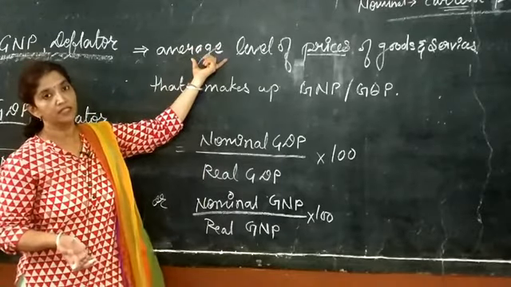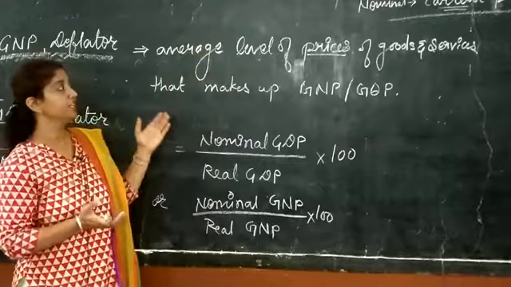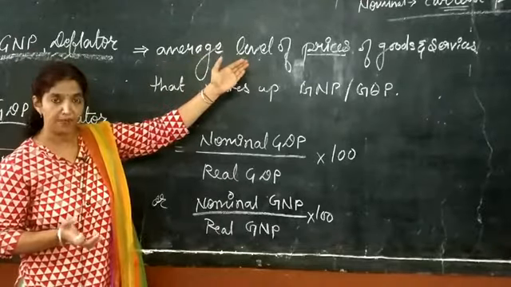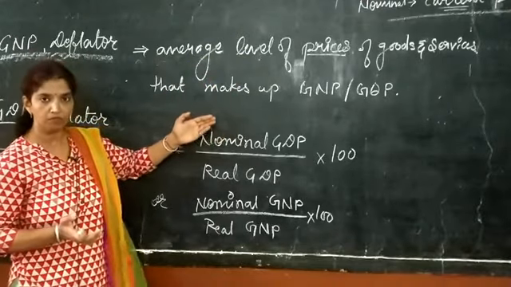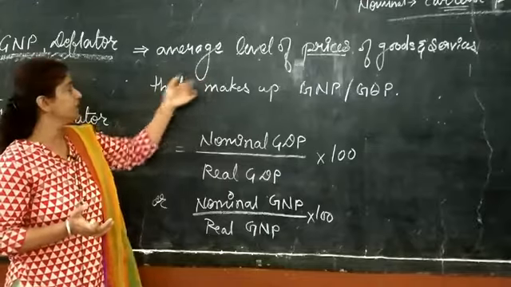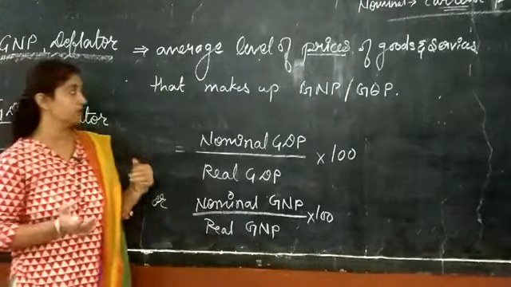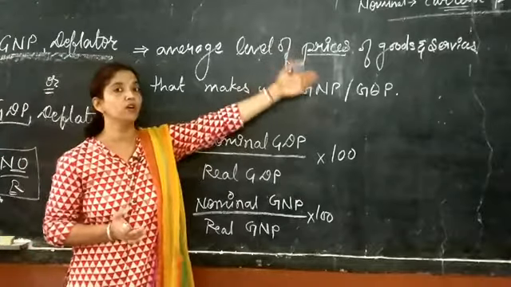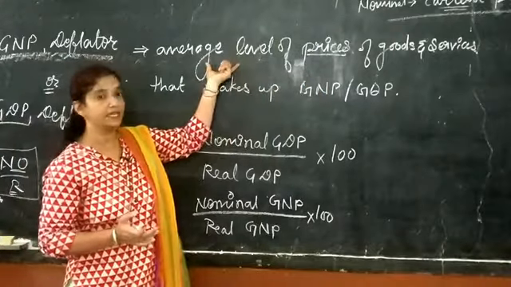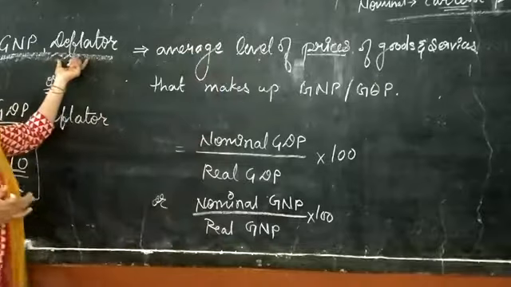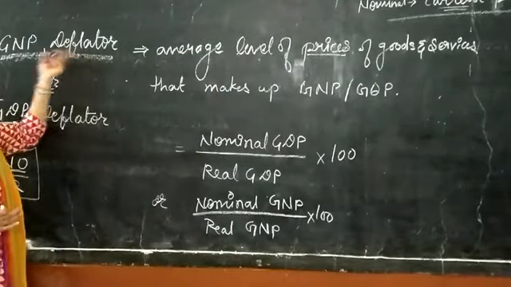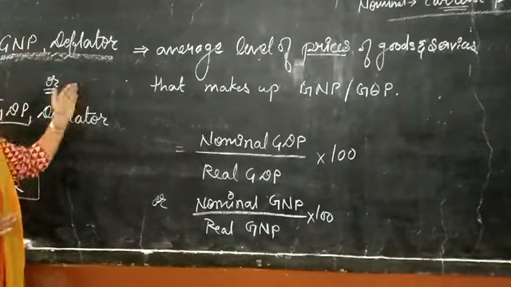This gives us the average level of prices of the market value of goods and services which are produced in a domestic territory and which we use to make up GNP or GDP. This average price level is the deflator. This is GNP deflator or GDP deflator.